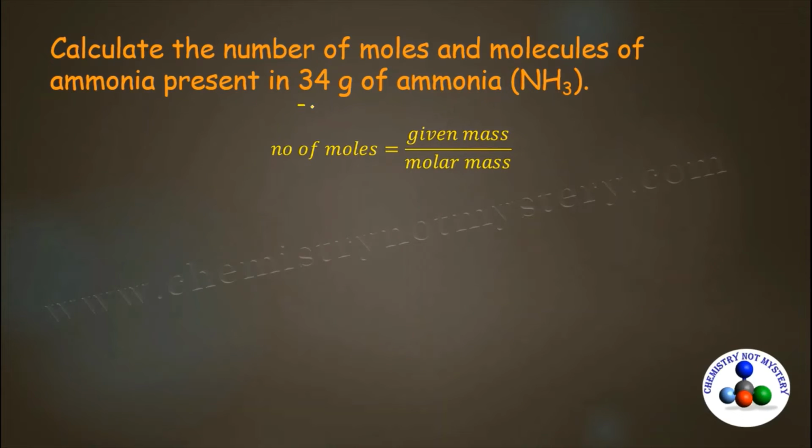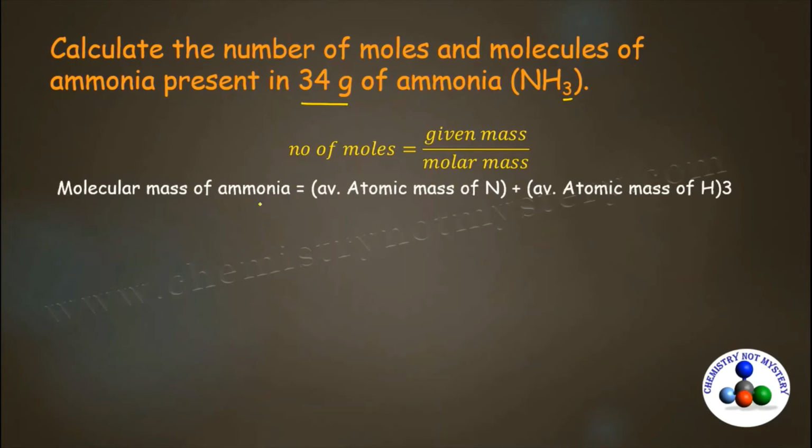Given mass is 34 grams and you have to calculate the molar mass of ammonia. First of all, calculate the molecular mass of ammonia, which is equal to the average atomic mass of nitrogen plus the average atomic mass of hydrogen multiplied by 3, as there are 3 atoms of hydrogen.